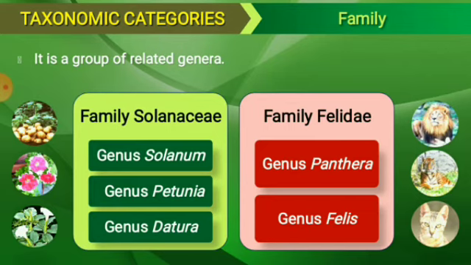Similarly, in case of animals, the genus Felis, which includes the small cats, and the genus Panthera, which includes the bigger cat-like animals like lion, leopard, etc., are placed in the same family, that is Felidae.